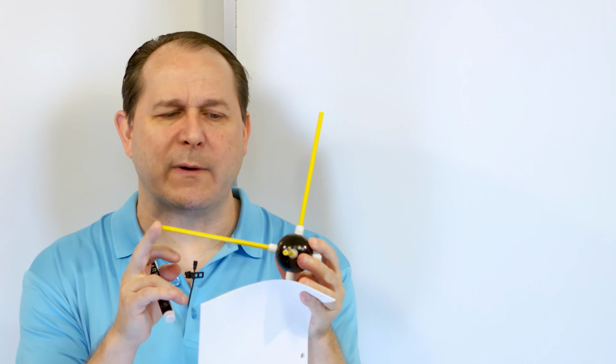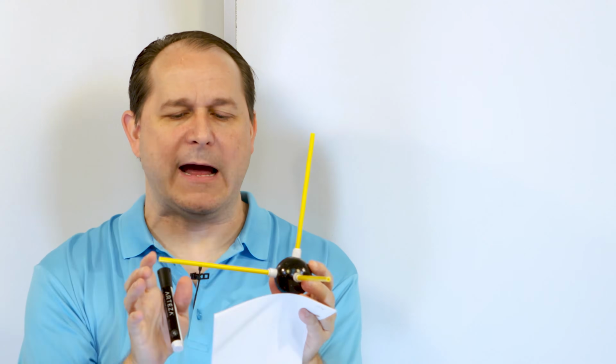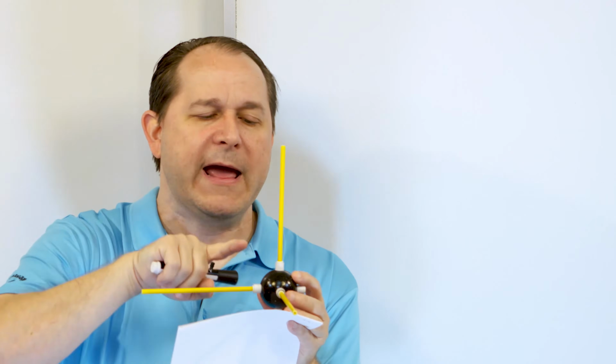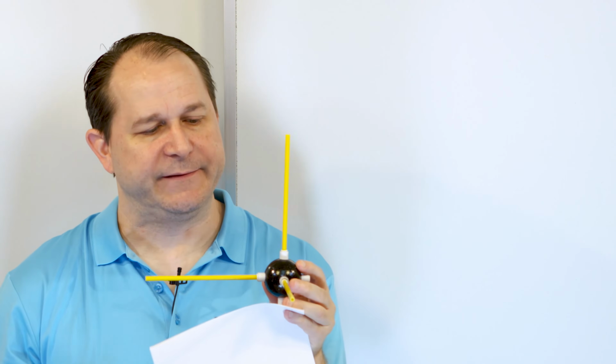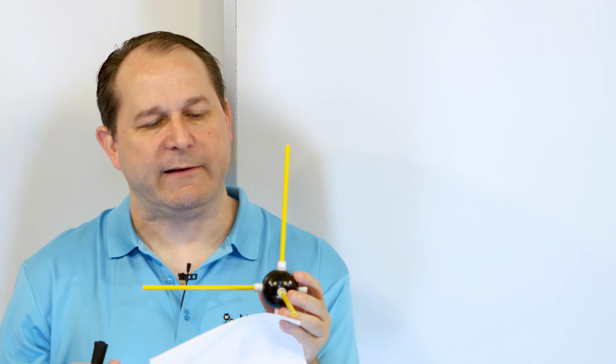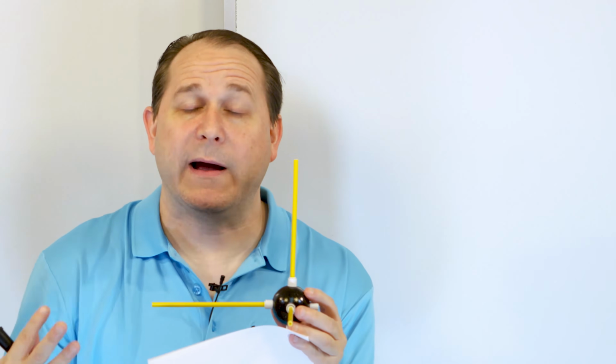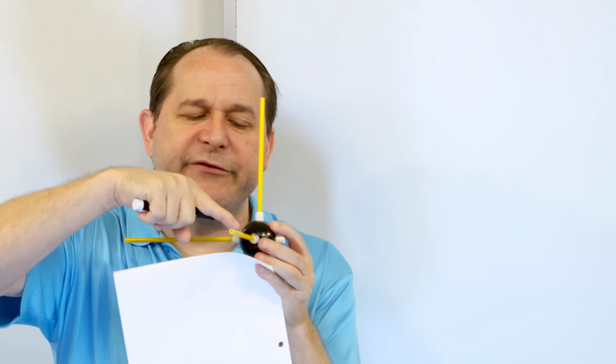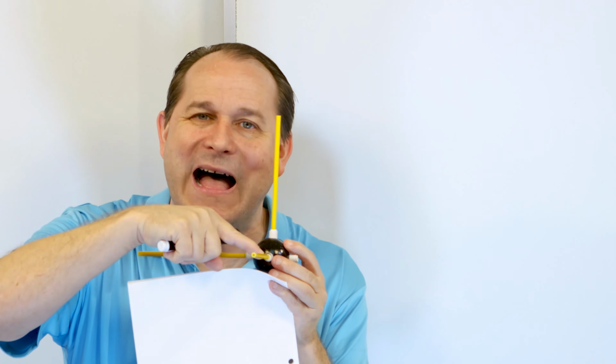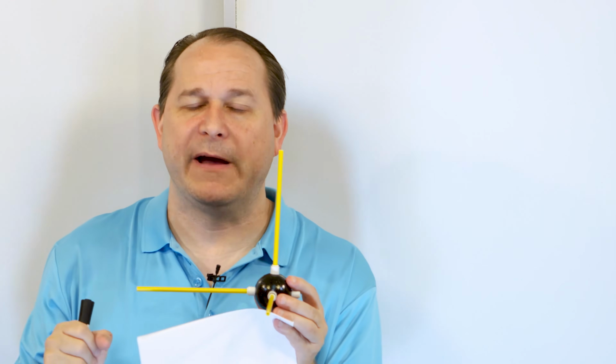This would be the x-axis right here, and the y-axis would be coming out into the board or towards you, and the z-axis would be coming up like this, straight up and down. Each of these are the x, y, z coordinate system. So what we're going to do is define a unit vector that lies along the x-axis. It just means a vector that is pointed in the positive x direction on the axis, and another unit vector that lies on the y-axis, and another unit vector that lies on the z-axis.